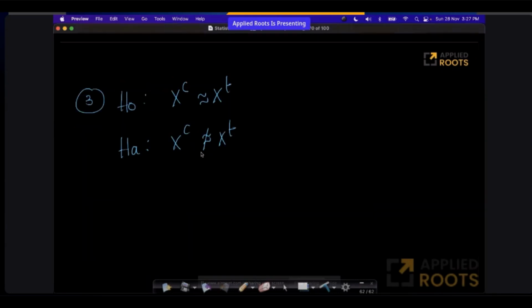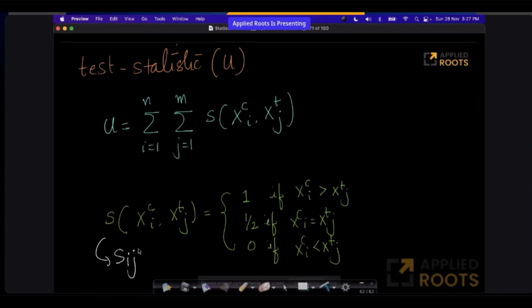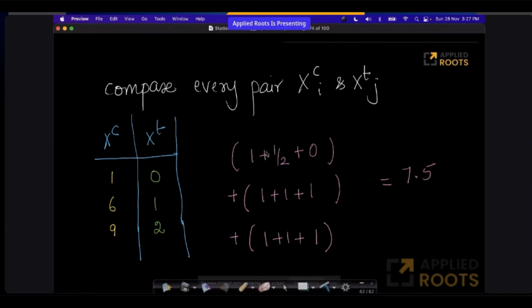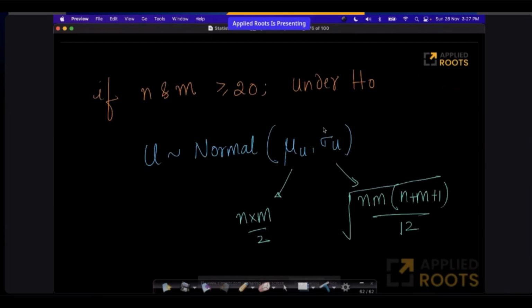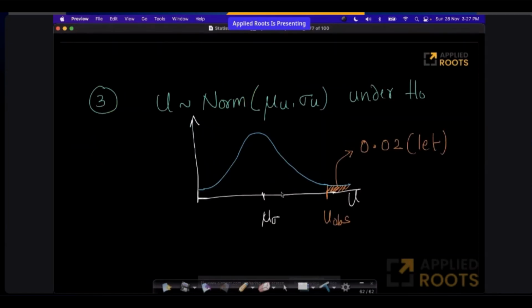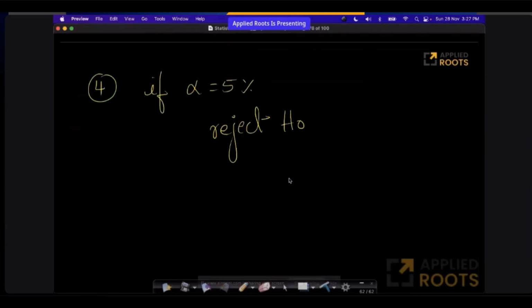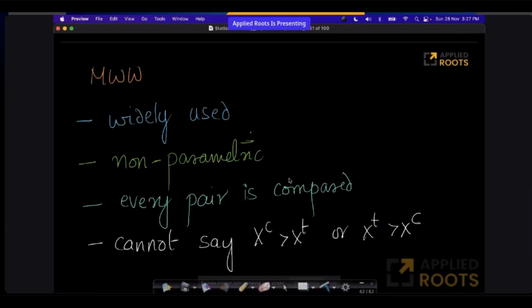What is the alternate hypothesis? What is the test statistic? And for this test statistic, do I know a distribution under some reasonable assumptions? If n and m are reasonably large, I know that the test statistic follows this distribution. The moment somebody tells me this, I can compute this whole area very, very easily. So that's the idea here. Okay, cool. Now let's move on.